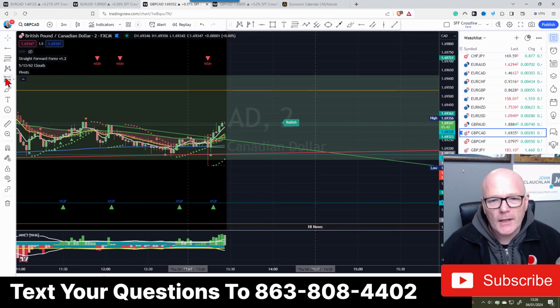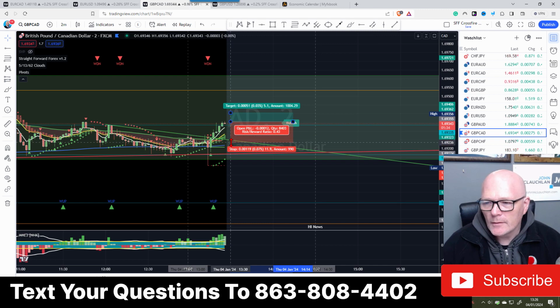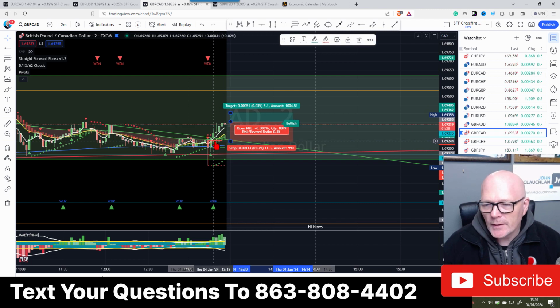So let's say if we're going to take a trade on here, we're going to go long. I'll put the thing on. Right, so where are we in terms of a stop loss? 11.3 pips to the line here, which is the engulfing candle, kind of below the 62 moving average.